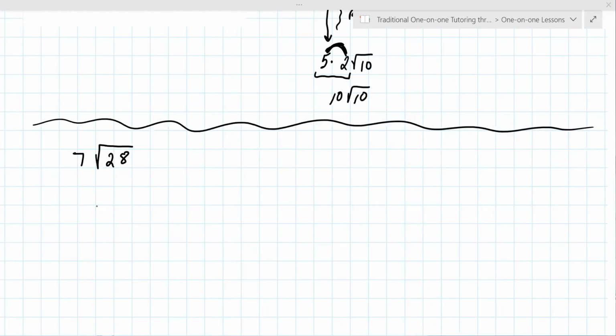Yeah, 14 root 7, because you bring a 2 out, 2 multiplies the 14. That's awesome. That is really, really good. All right. So you got that down, and we should do one more of these. We'll work it out together though.